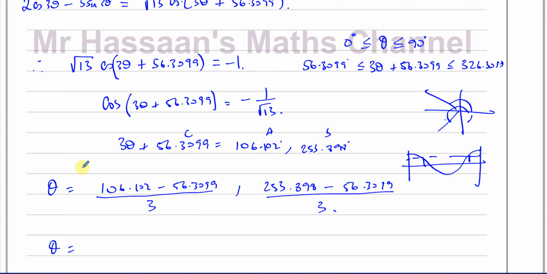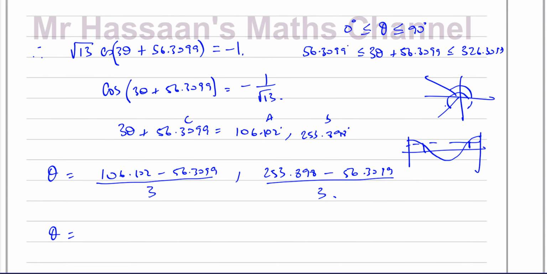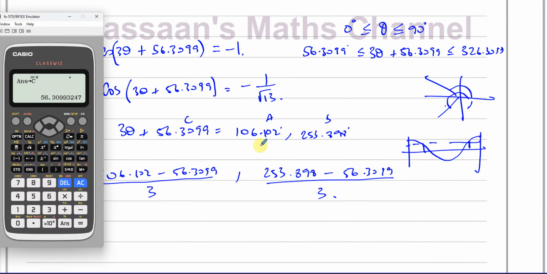Okay, so what I'm going to do now, just so everything is exact, is have this minus that. So just set it up. I'm going to have A minus C over 3.